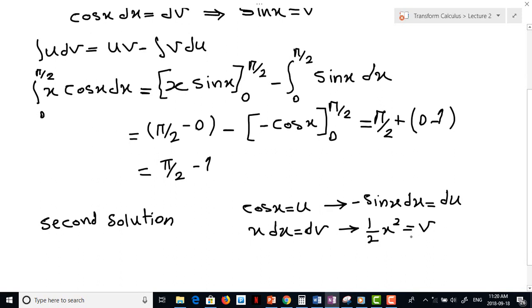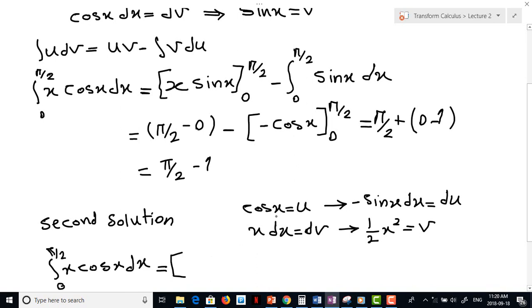So if I continue the solution, the integral of x cosine x dx from 0 to pi over 2 is equal to u times v.